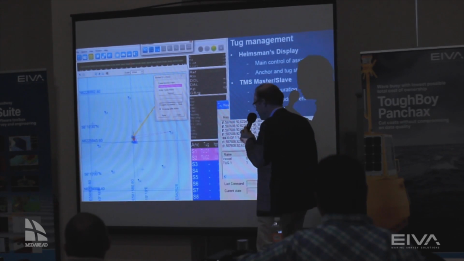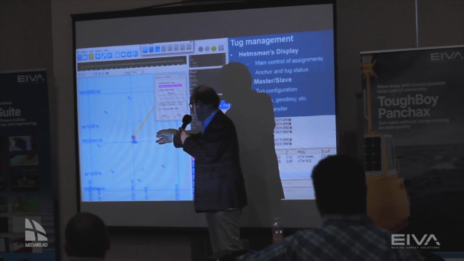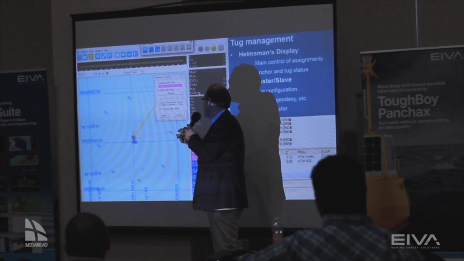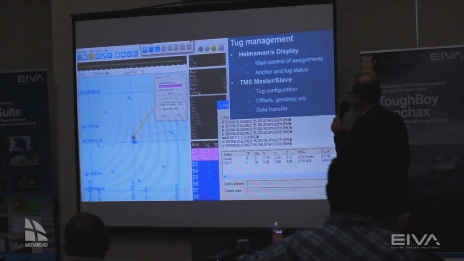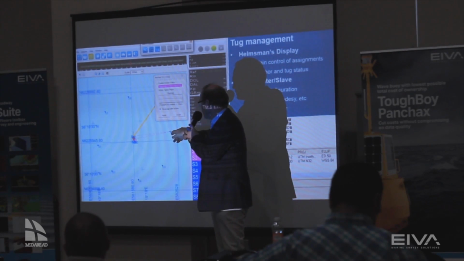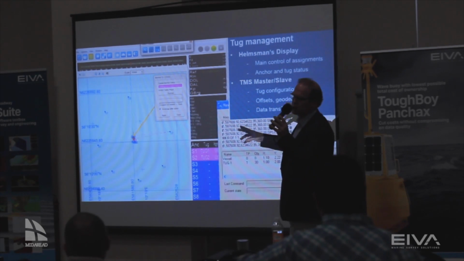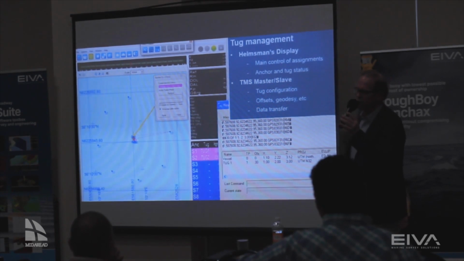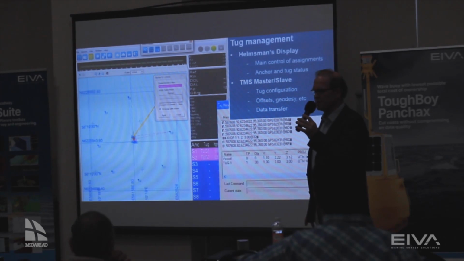And then we have some small anchor handling boats, which are handling the anchors between the barge and the final anchor position. And in the final position, the anchor handling boat clicks when he has released the anchor, and then this position is fixed and sent over to the barge. So the barge knows already where this anchor is placed.